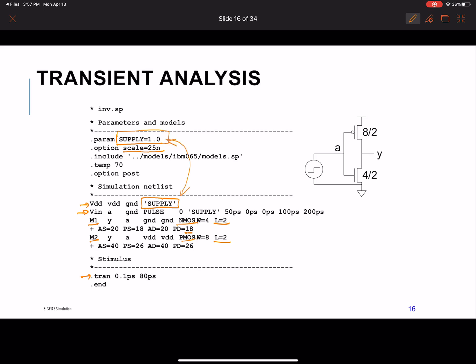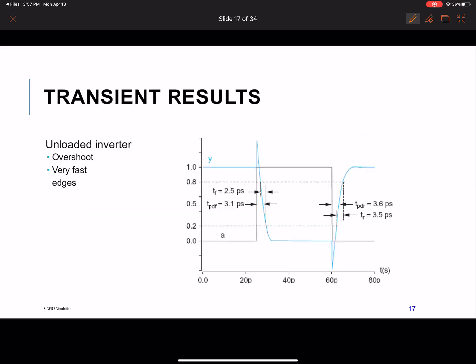The reason you would do that is so you can easily change it at the top if you want to sweep it or something. And notice they're running it at a temperature of 70 degrees Celsius, and then they're including this model file. And notice there's always an end setup.